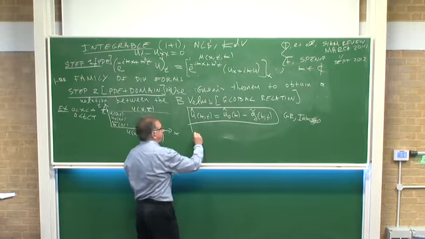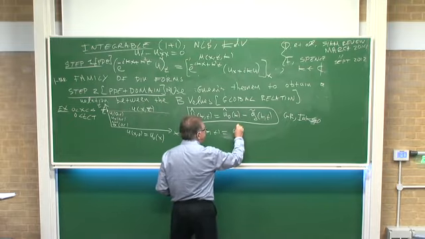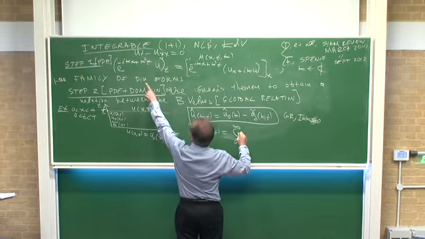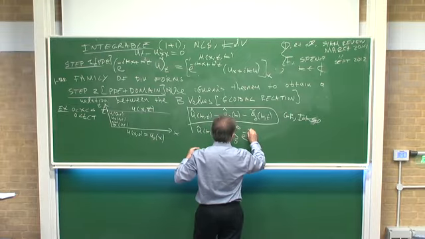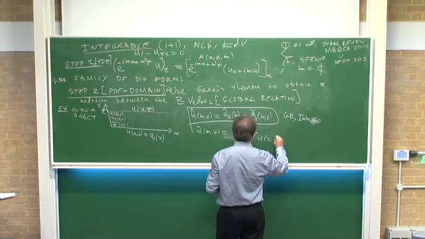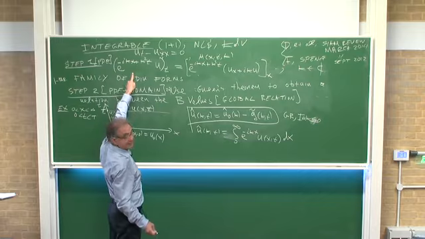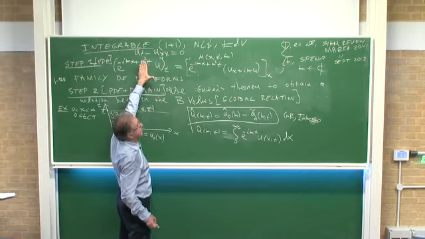What is this? So u hat of k and t is the integral from 0 to infinity, e, look at the global relation, at the divergence form. Remember, we integrated this, and at time t equals 0 this term will go away.